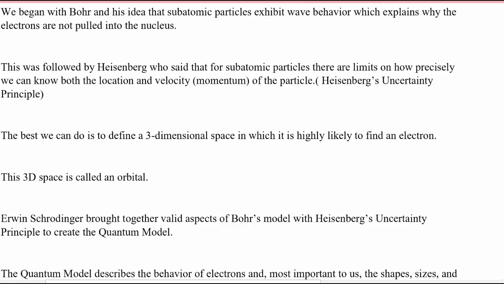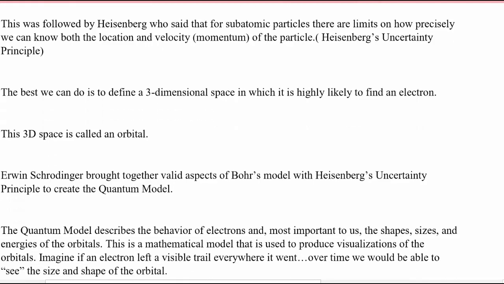So the best we can do, according to Heisenberg, is to define a three-dimensional space where we are highly likely to find an electron. Or excuse me, that was according to Schrodinger. And this space is what we are going to refer to as an orbital. So an orbital is a three-dimensional space where we are highly likely to find an electron.